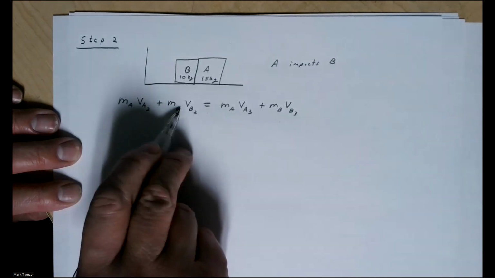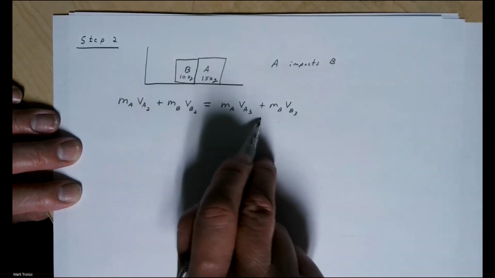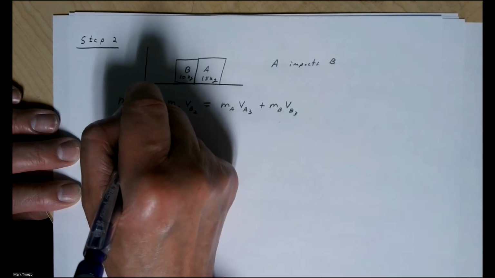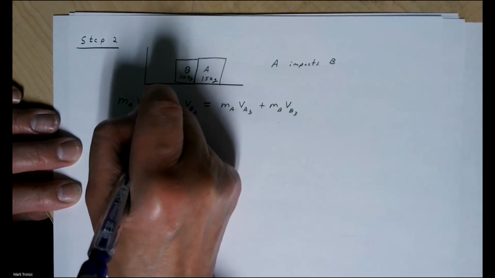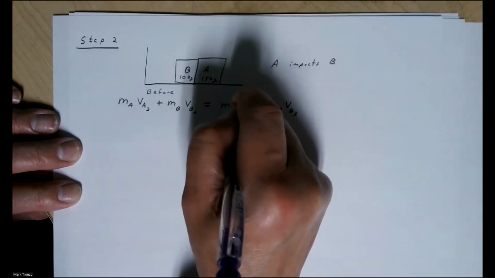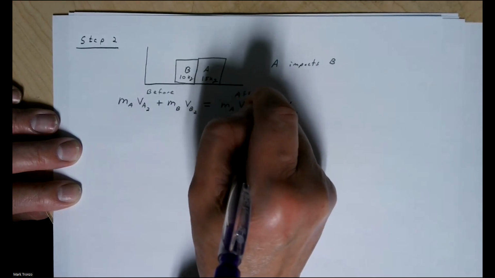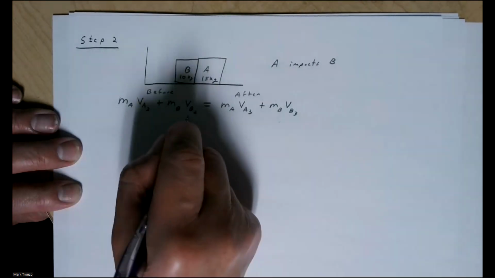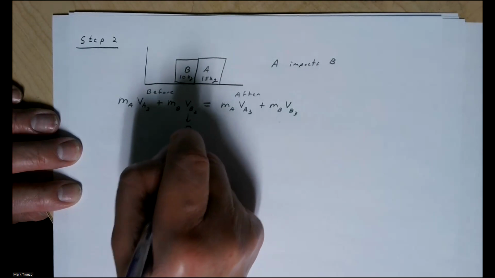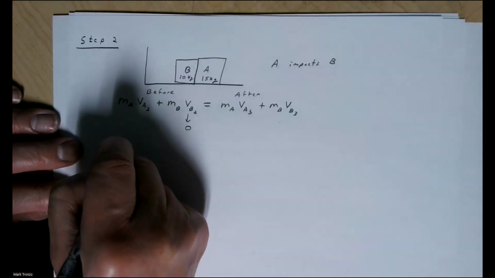So again, this is just before impact, just after. So before on the left and after on the right. We put some things in. Of course, the velocity of B before impact was 0.